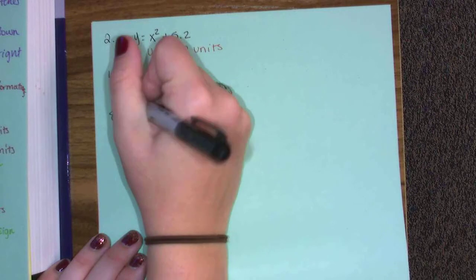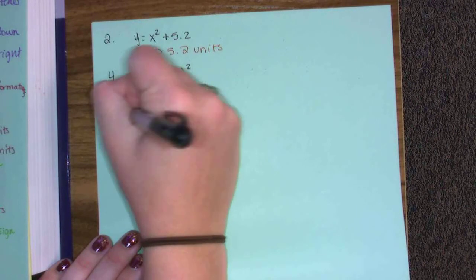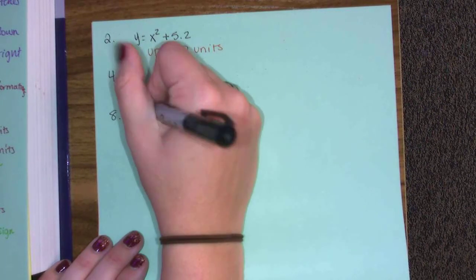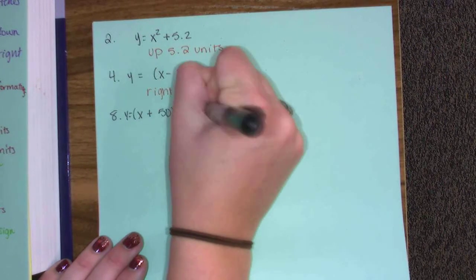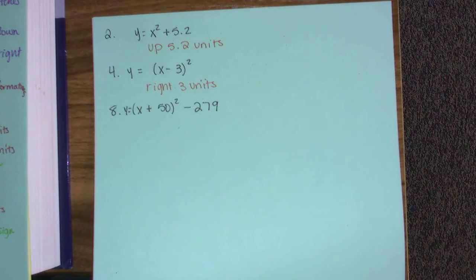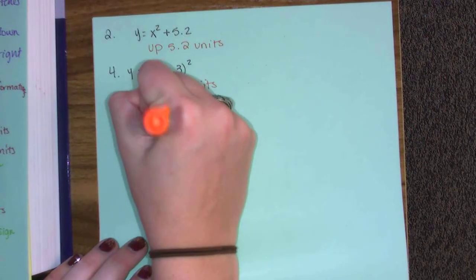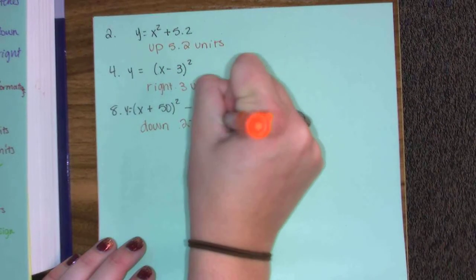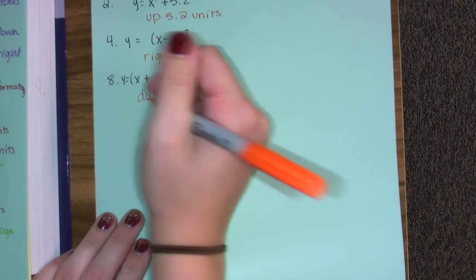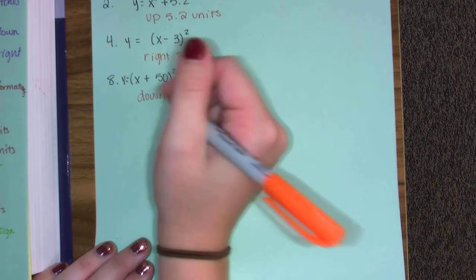Number 8, y is equal to x plus 50 squared minus 279. Yep, down 279 units, and you said left 50.